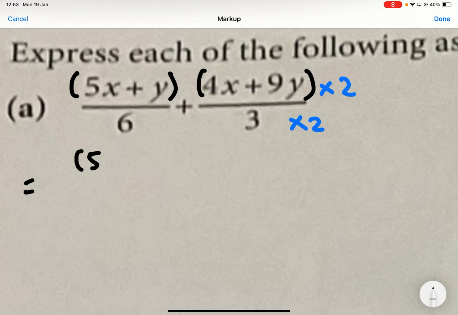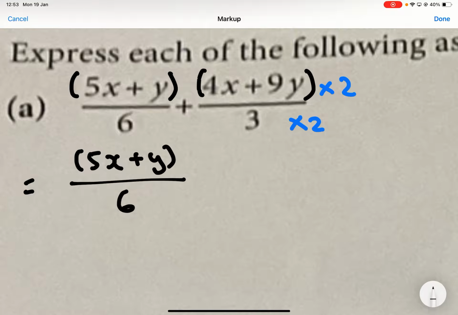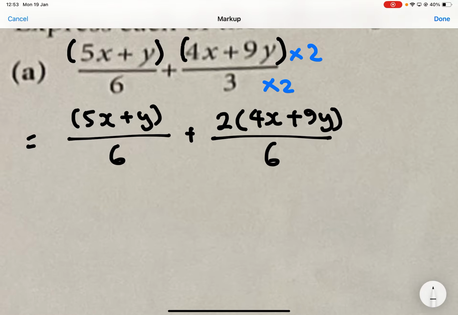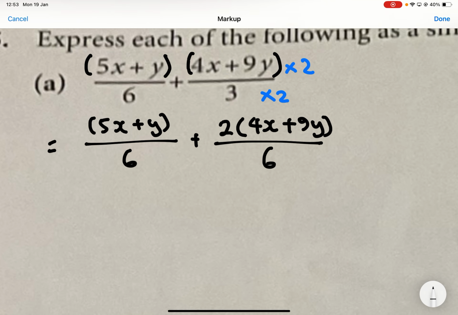Okay? First fraction, I don't need to multiply. Second fraction, I need to multiply 2 to the entire numerator. Once I have common denominator, I put them together.